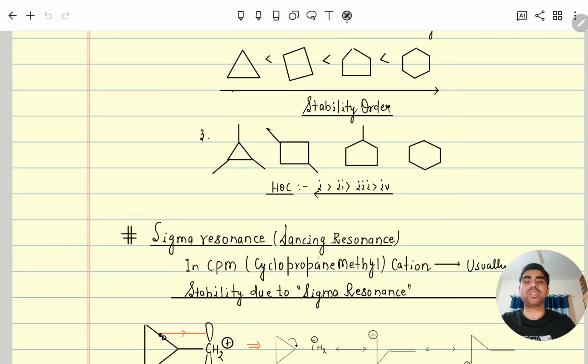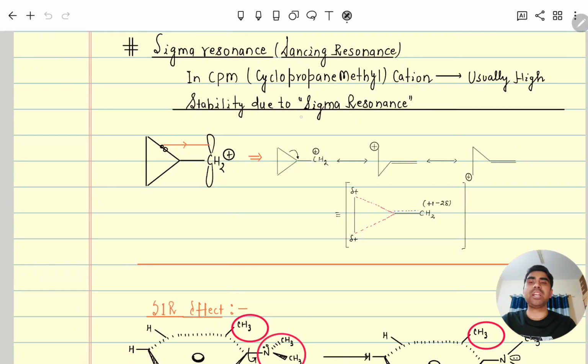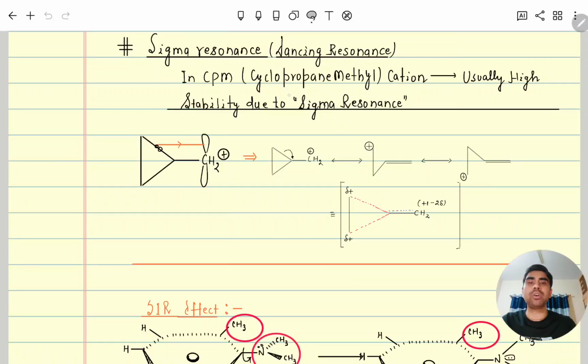Next, sigma or dancing resonance. In cyclopropane methyl cation, it is usually highly stable due to sigma resonance. This is the only compound; due to sigma resonance it is more stable. It is not like hyperconjugation. Only in this, because the 3-membered cyclic ring is unstable, electrons move from high to low.